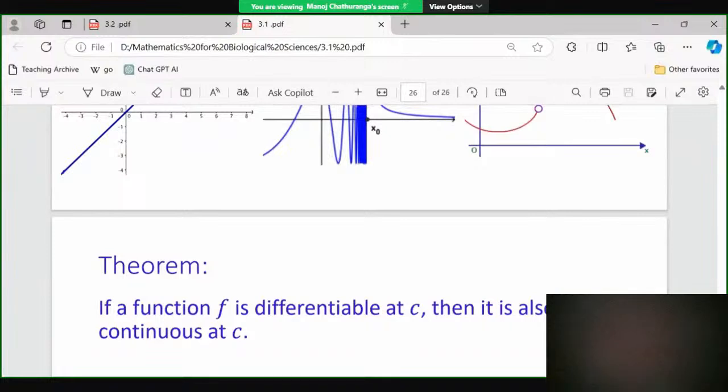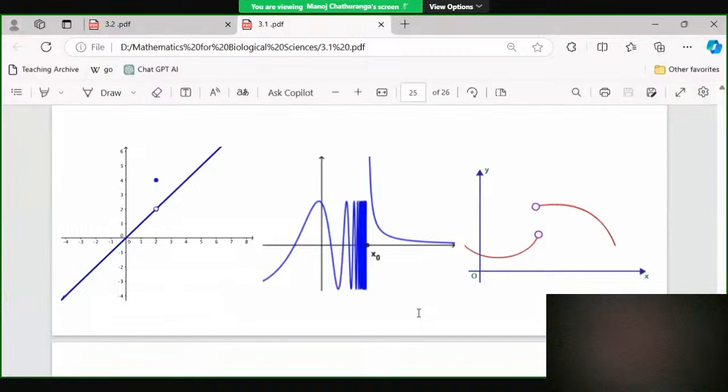I'm not going to justify the statement, but it says if a function is differentiable, then it must be continuous at that point. So if you can draw a tangent line at that point, then it must be continuous. There's no way that discontinuous functions have tangent lines at a point of discontinuity.